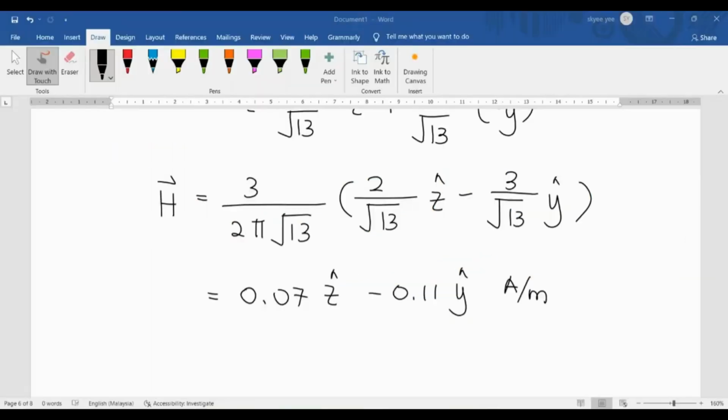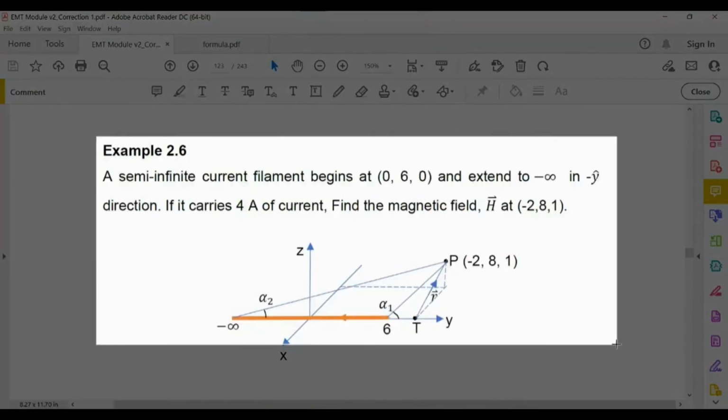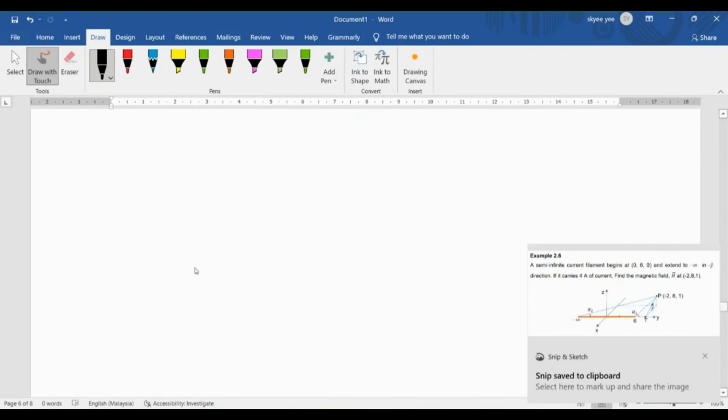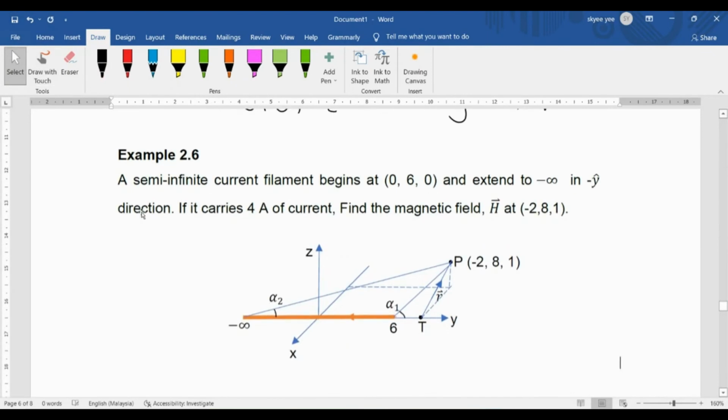Let's try one more, which is this one. So this question is for the semi-infinite current filament. It begins at (0, 6, 0).